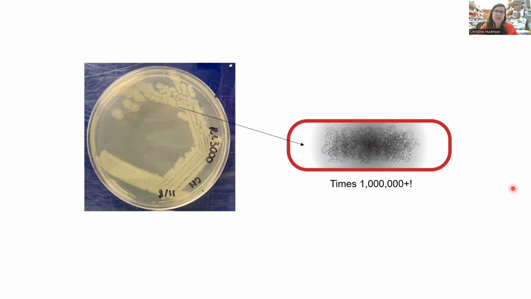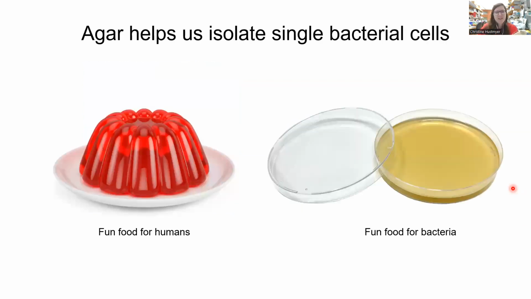So to understand just a little bit more about how we are isolating these bacteria, I just want to spend a little bit of time talking about what this material is made of that we pour these bacterial plates from. I mentioned that this is called agar. Agar is basically a nutrient-rich medium that the bacteria like to grow on.